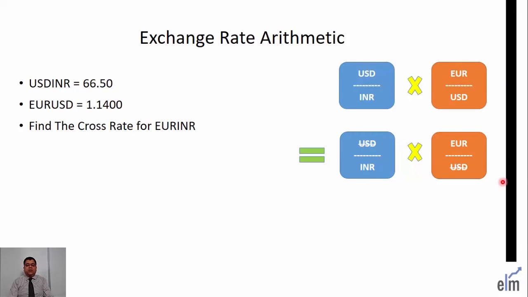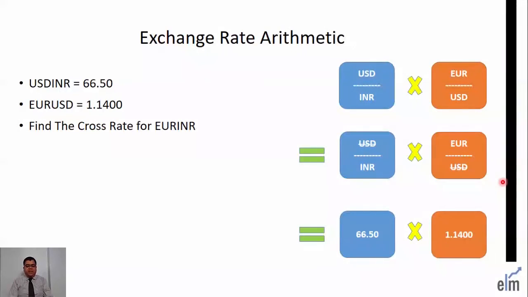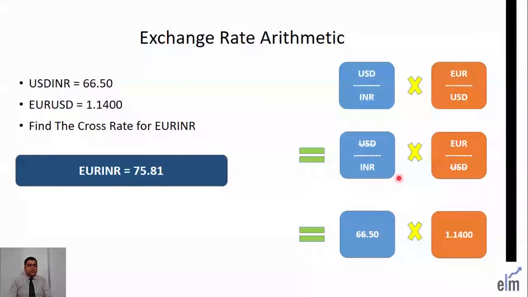Right? So by putting in the values, we get 66.50 multiplied by 1.1400. So that is the rate for Euro INR, because here you see that what we are left with after cancelling out USD is Euro by INR, which is Euro INR. So that comes to Euro INR equal to 75.81.